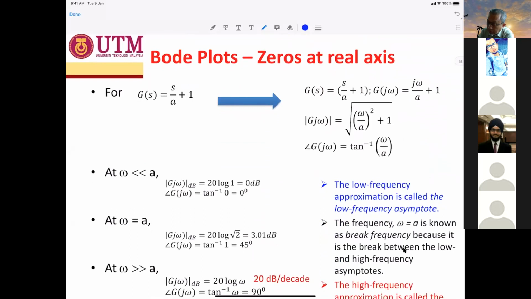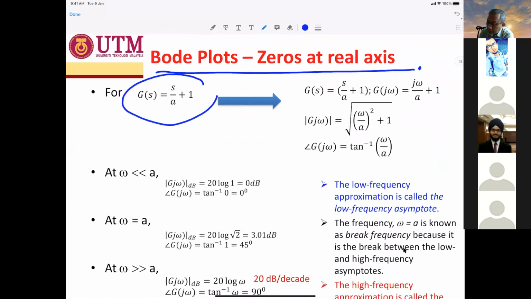So, zeros at the real axis. For example, s over a plus 1. So we have to derive the low frequency, the exact frequency, and the higher frequency.